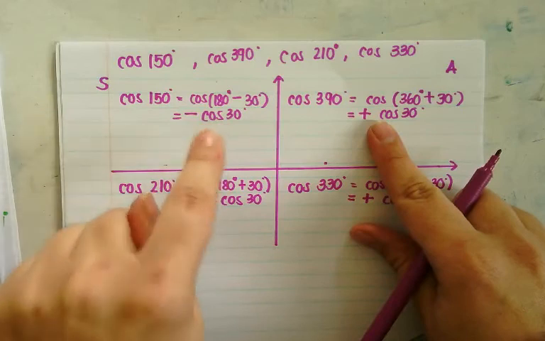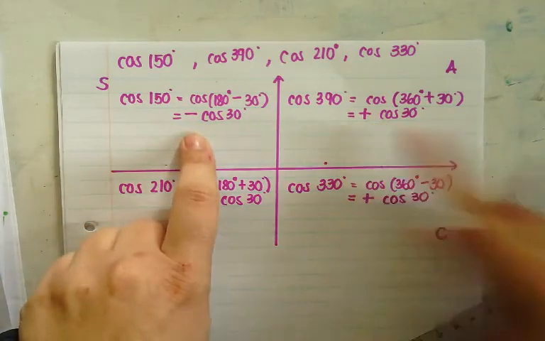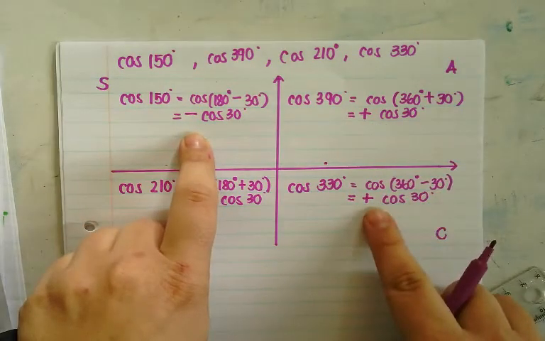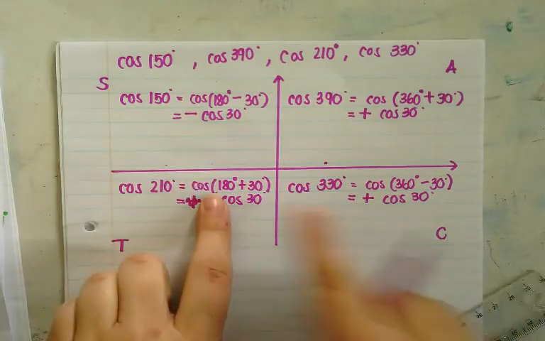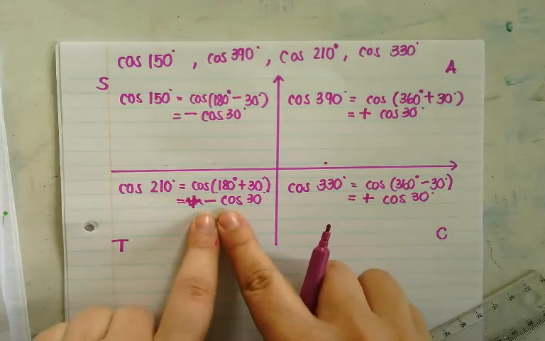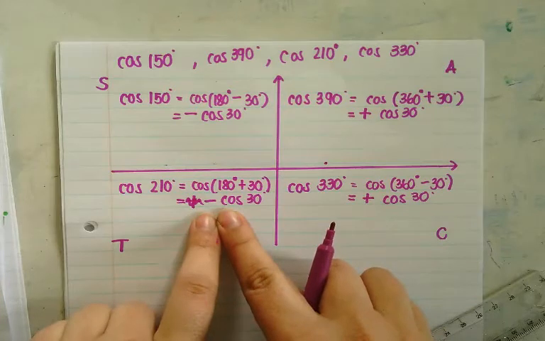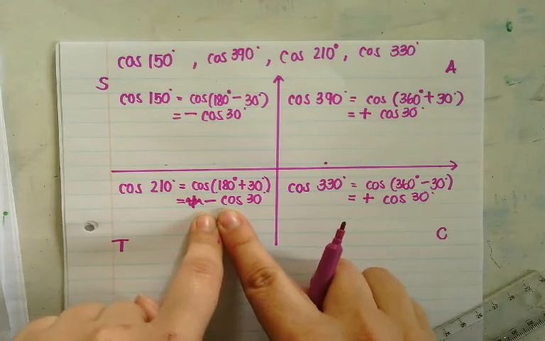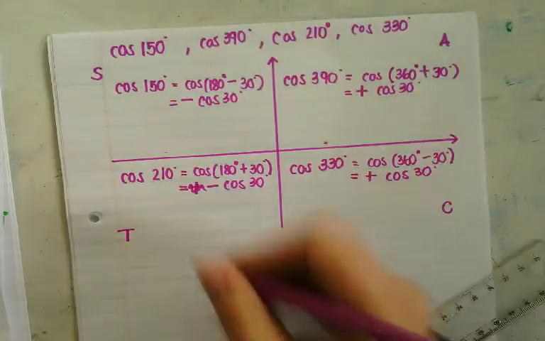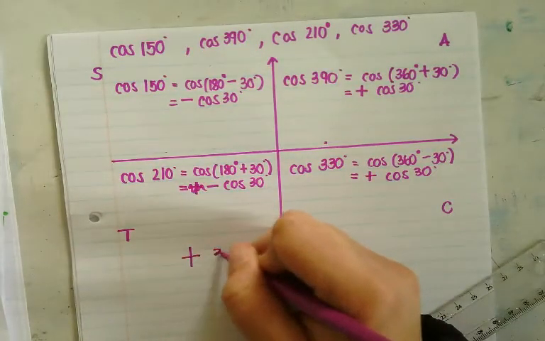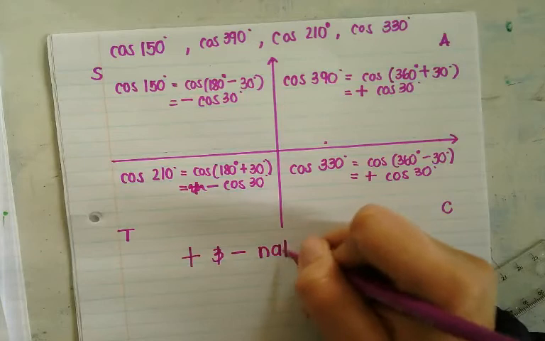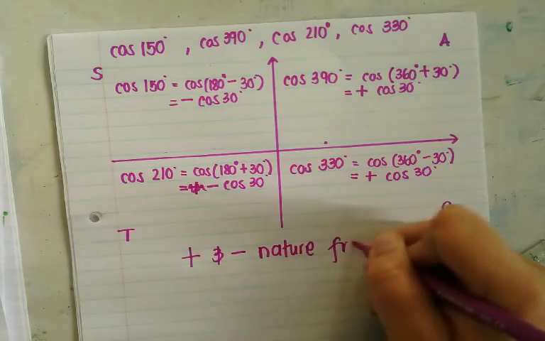That is a coincidence. Because look here, negative 30, but it is positive cos. And positive 30, but it is negative cos. So your positive and negative nature is from the CAST diagram.